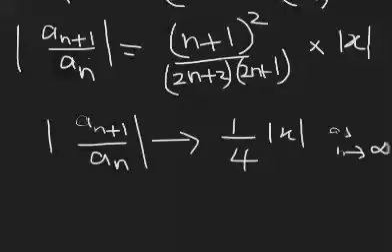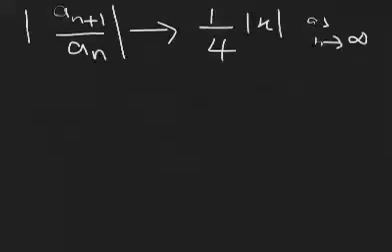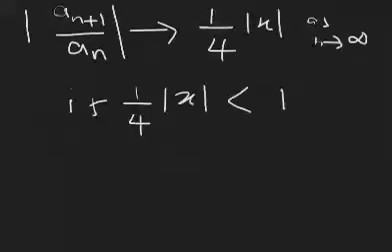So from the ratio test, that power series is convergent whenever this bit is less than 1. If this bit is less than 1, that one is convergent.